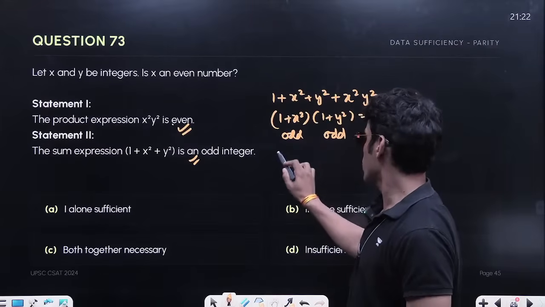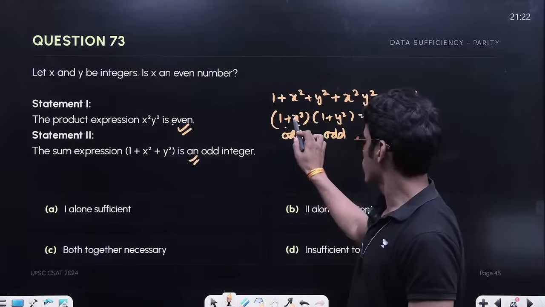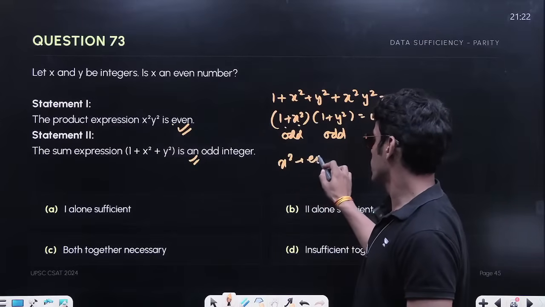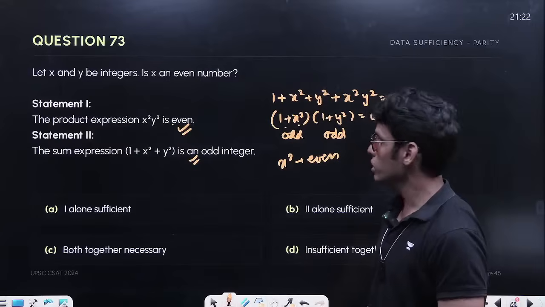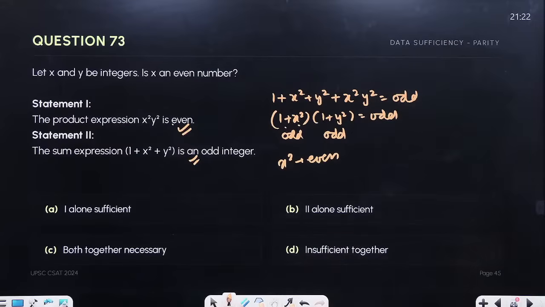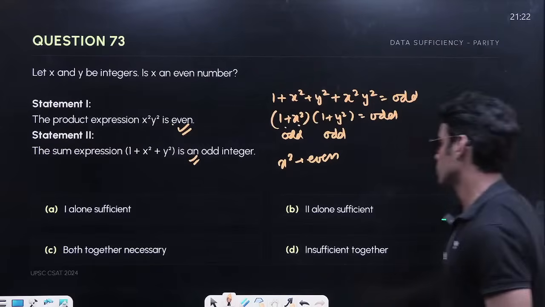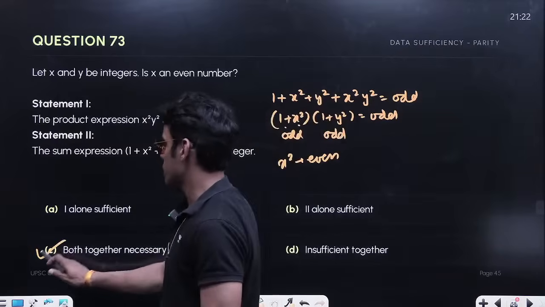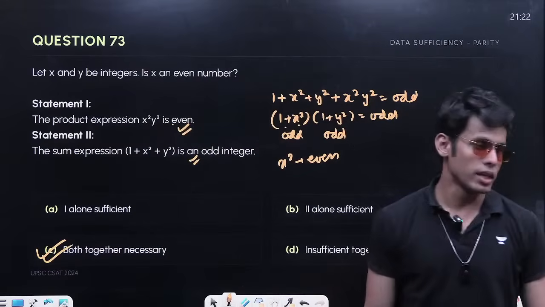So if 1 plus x square is odd, x square has to be even, and then x has to be even. So in this case, your answer will be C, both statements together. The answer will be C in this particular problem.